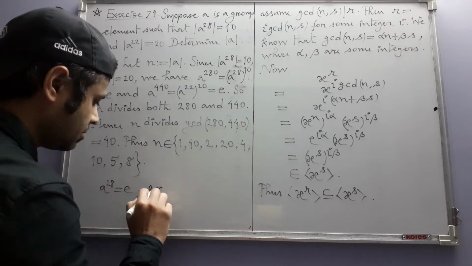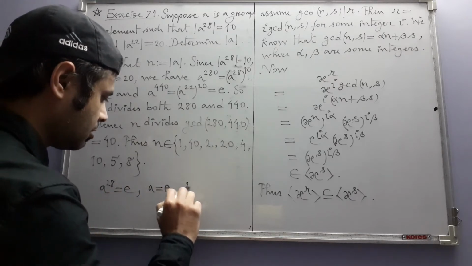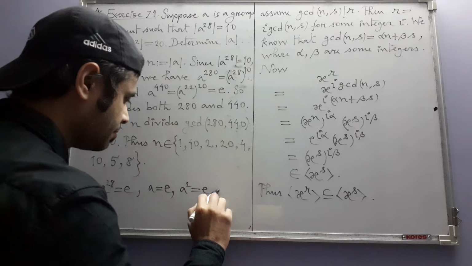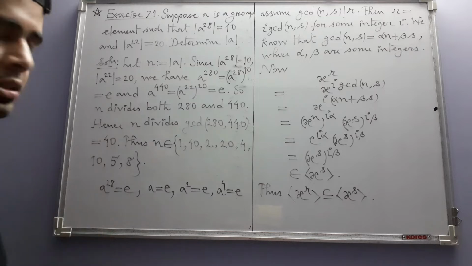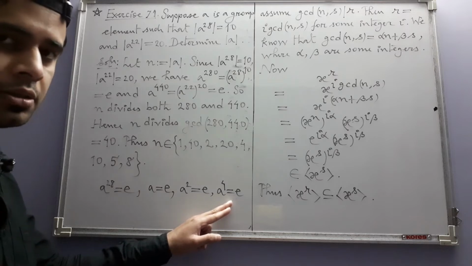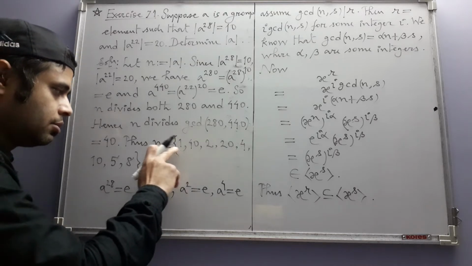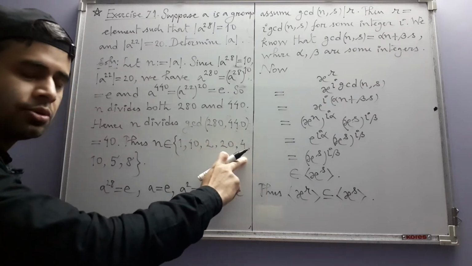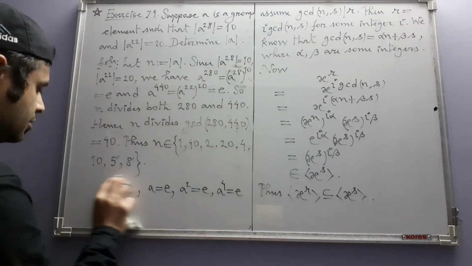For example, if a is identity, then this can happen. If a square is identity, then also this can happen. If a to the power 4 is identity, then also this can happen. And we don't want this to happen, so none of these three possibilities is true. And as such, n cannot be 1 or 2 or 4. So these things are automatically ruled out. But we have to write the reason.